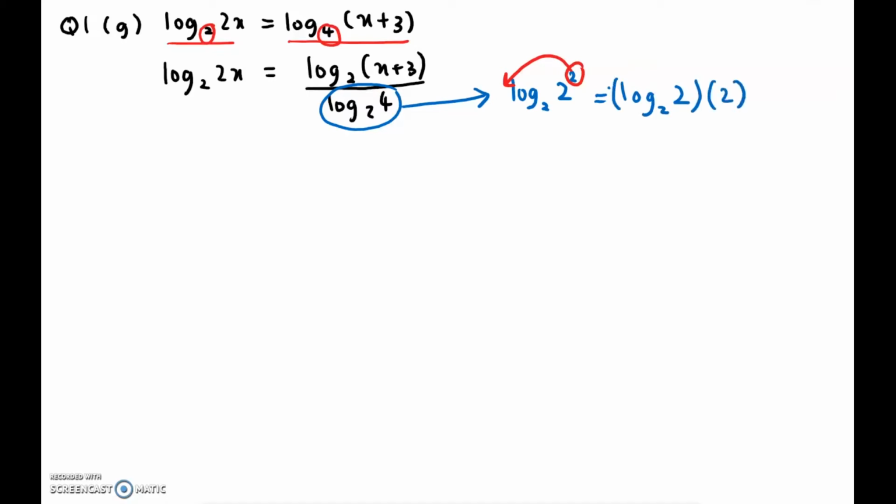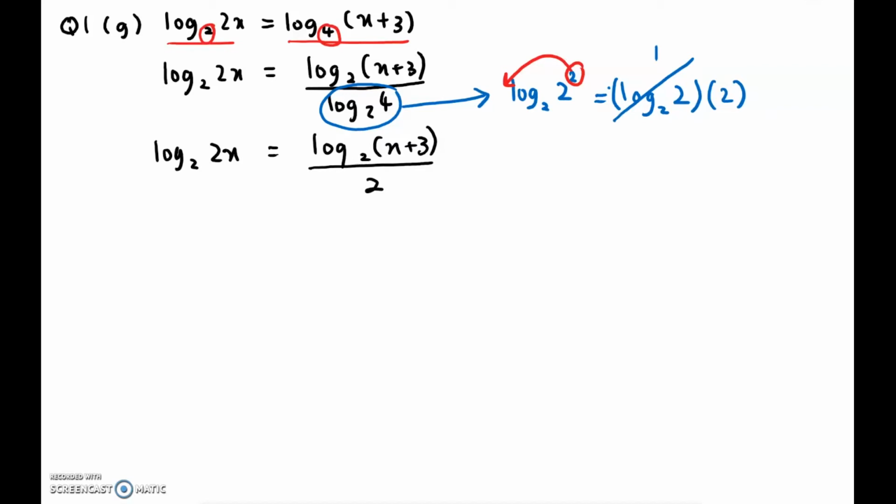Log 2 base 2 is basically equal to 1. So what is left for the denominator? You will be left with log 2x base 2 equal to log x plus 3 base 2 over 2.